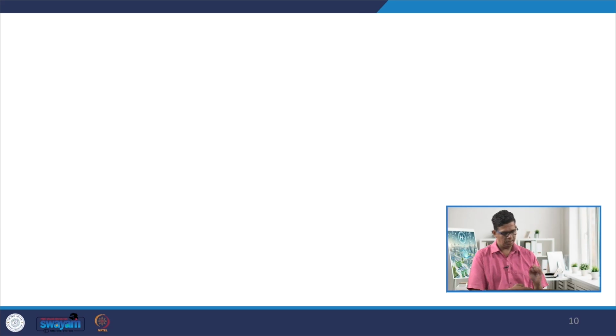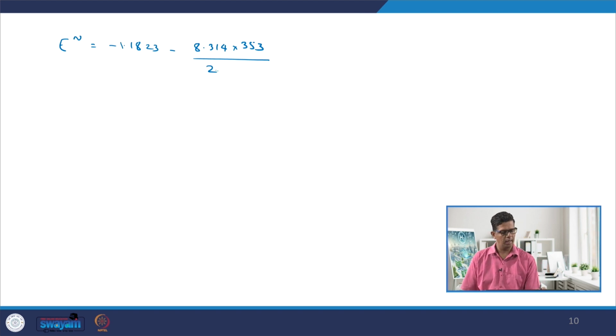Let us further substitute. So, this is your E_N equals E_T is minus 1.1823 minus R is 8.314 into T is operating temperature, which is 353, divided by N is 2. In this case, that is hydrogen and oxygen reaction, N is 2 times Faraday's constant 96,485 ln of 3 into 5 raised to half divided by 1, that is same.